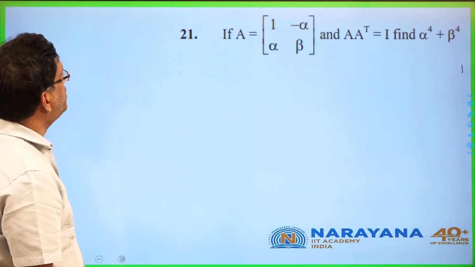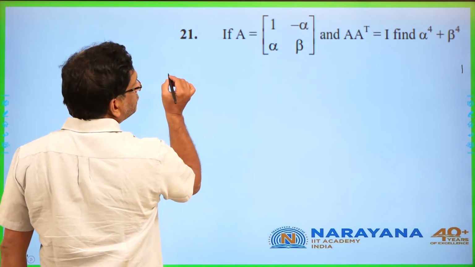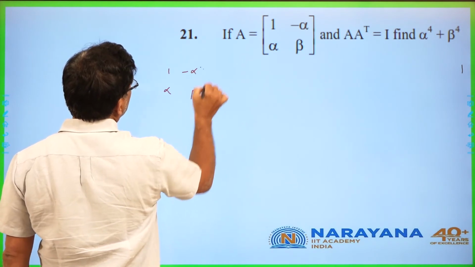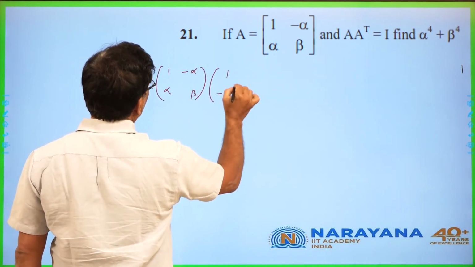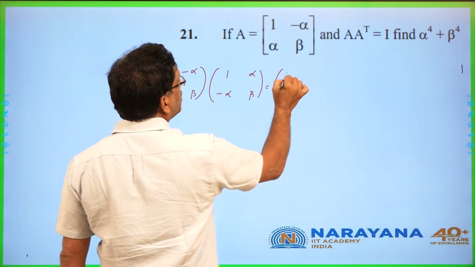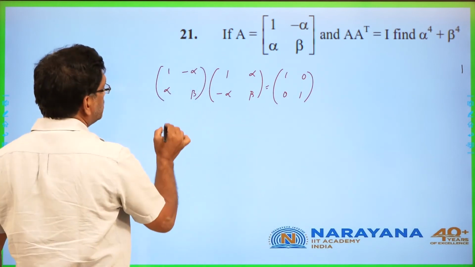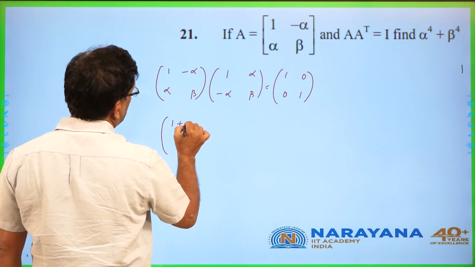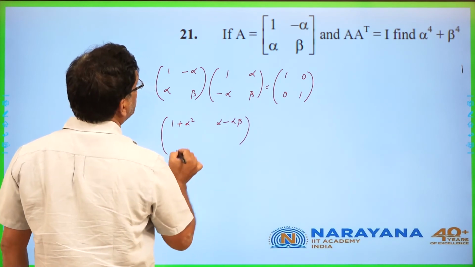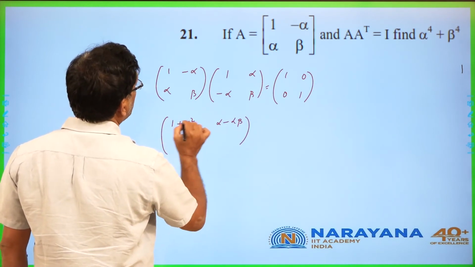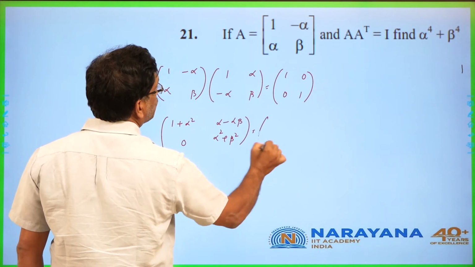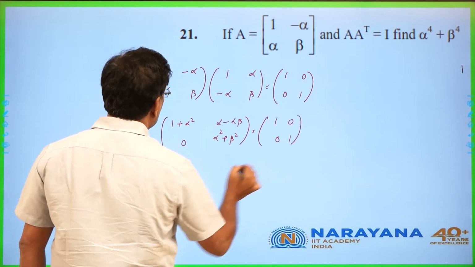Question number 21. Simple problem. A into A transpose, with the matrix 1 minus alpha, 1 alpha minus alpha beta, is equal to 1 0 0 1. If you expand, it is 1 plus alpha square. Next, this is alpha minus alpha beta, this is 0, and this is alpha square plus beta square, equal to 1 0 0 1.